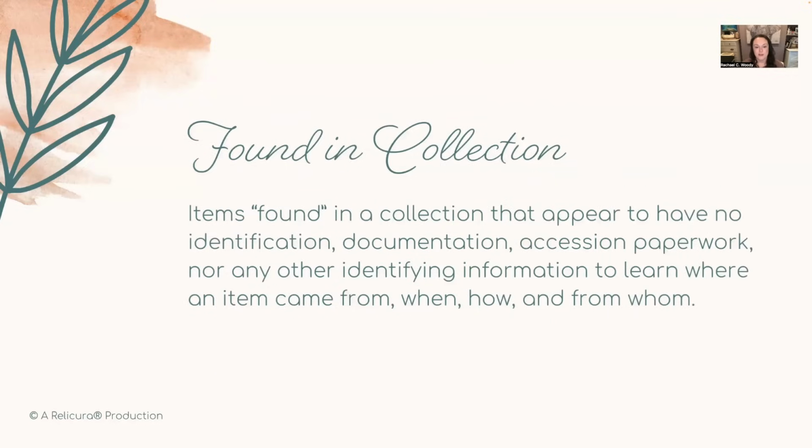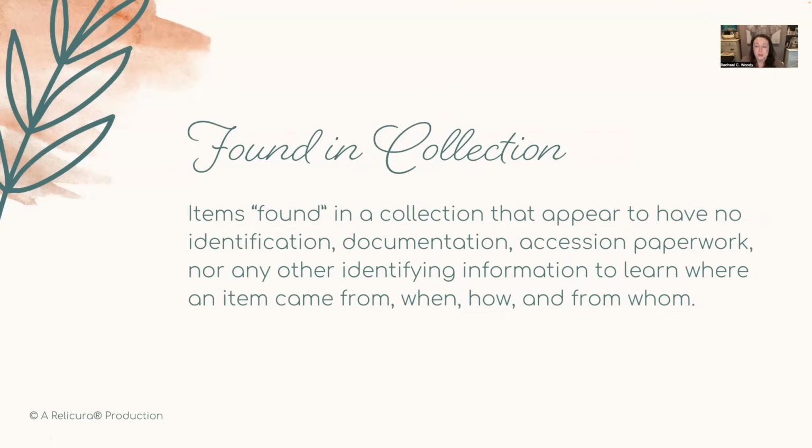And the concept of found in collection. This has popped up in a couple of our other webinars leading to deaccessioning today, and that is the concept of items being found in your collection, as in these items made their way somehow to your museum or archives. There's no paperwork, or at least no paperwork that includes a donor name or any sort of donor agreement.